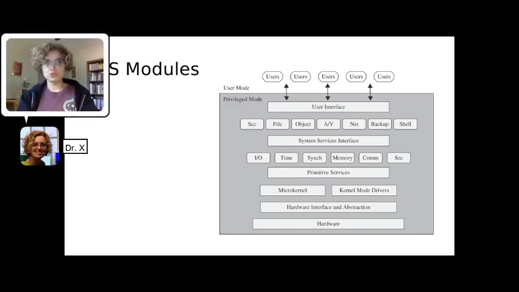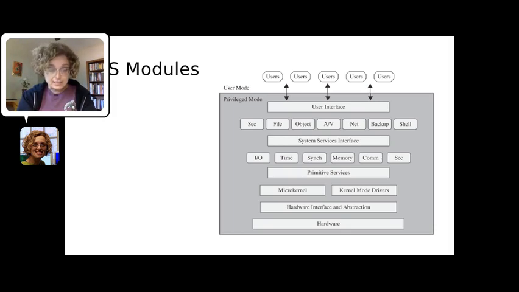Shows the operating system modules. And as you can see, again, these are layered, and these are modules that can be found in most modern operating systems. There is a lot of complexity to handle devices, for example, hardware devices that come from different manufacturers, and therefore the software that controls them, the device drivers, come from third parties.